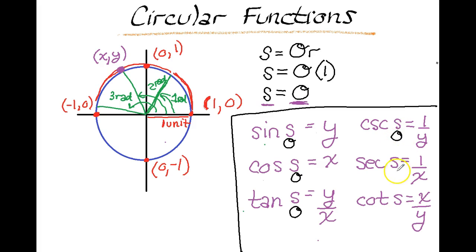Instead of writing an arc length, I'm going to write theta instead of s. So we could substitute that in for s in all of these, and in our unit circle, we would just replace r with 1 and simplify. It doesn't really matter to me how you do it, but this is a unit circle, and this is what we are going to be using moving forward in trigonometry.